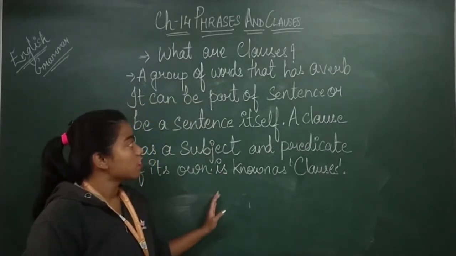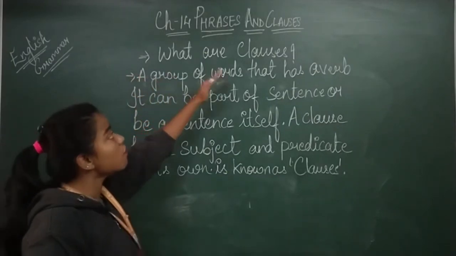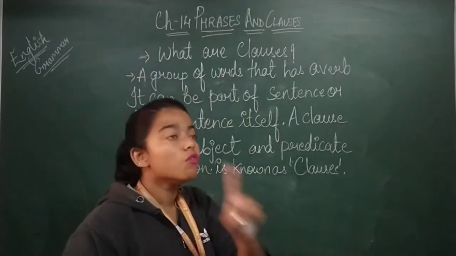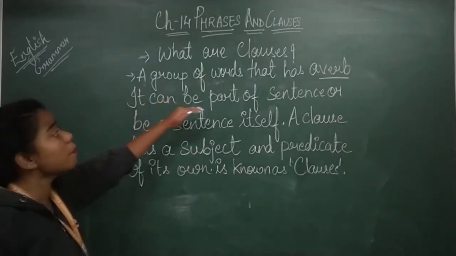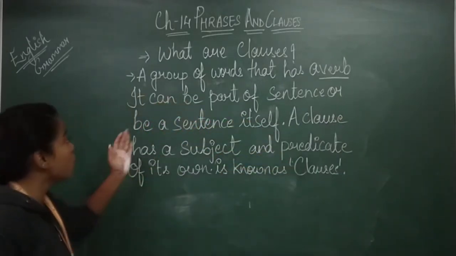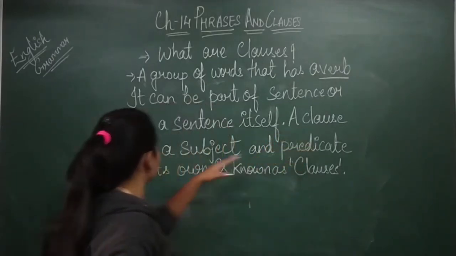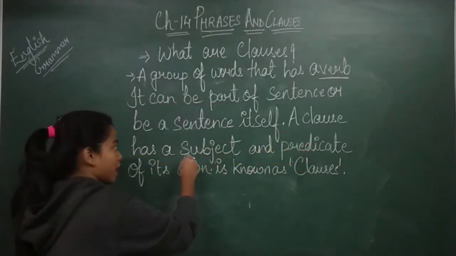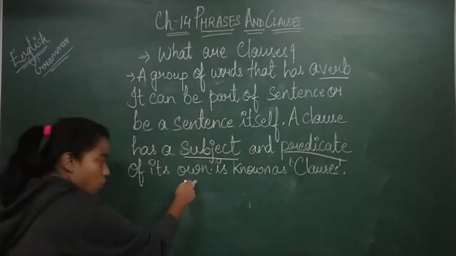So again we will read the definition. What is it? A group of words that has a verb can be a part of a sentence or be a sentence itself. A clause has a subject and predicate of its own.